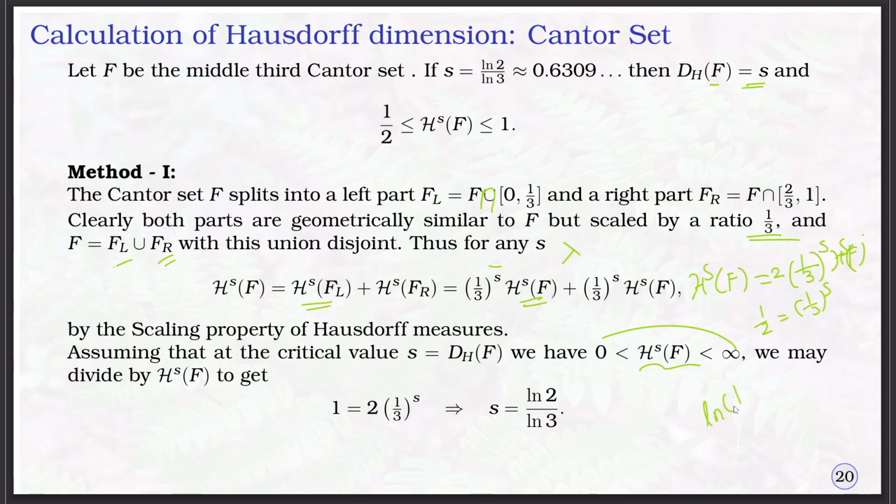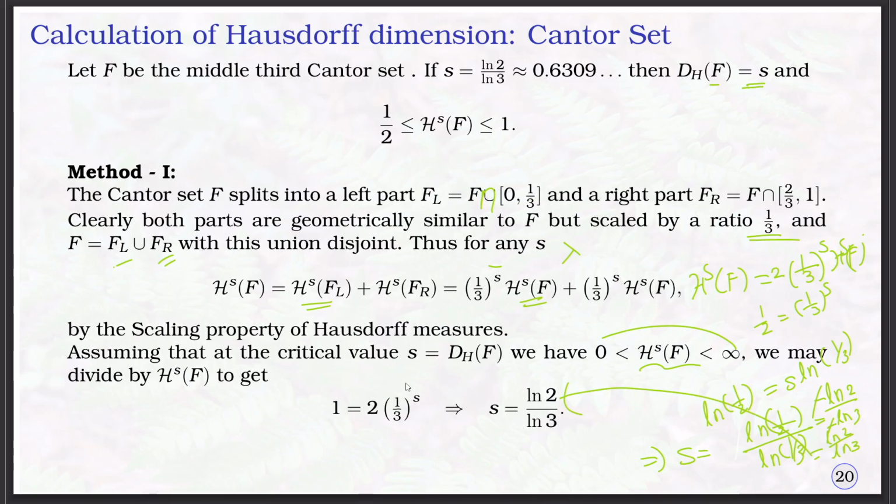Taking ln on both sides, s times ln(1/3) equals ln(1/2), which implies s equals ln(1/2) over ln(1/3), which is ln 2 by minus ln 3 over ln 3. The minus signs cancel, and one gets ln 2 by ln 3.